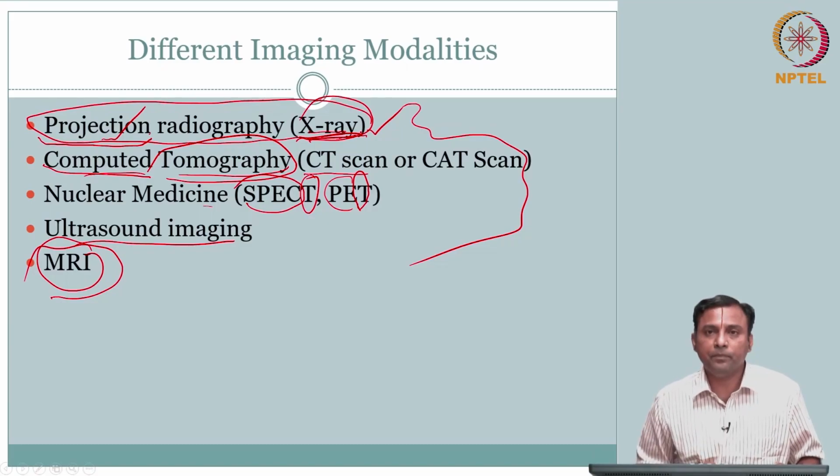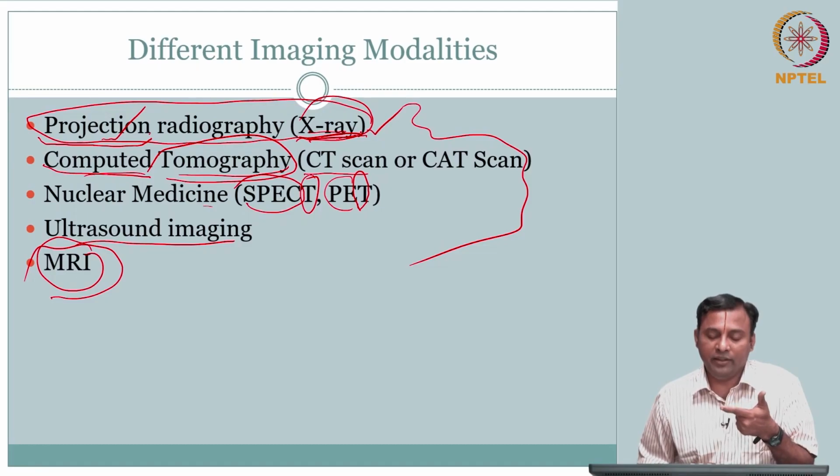So what we will do now is take one modality at a time in the same order that is listed here, and kind of have a big picture view. What do I mean by big picture view? We have already defined the objective of medical imaging, right? We already discussed the general requirements for any imaging modality.